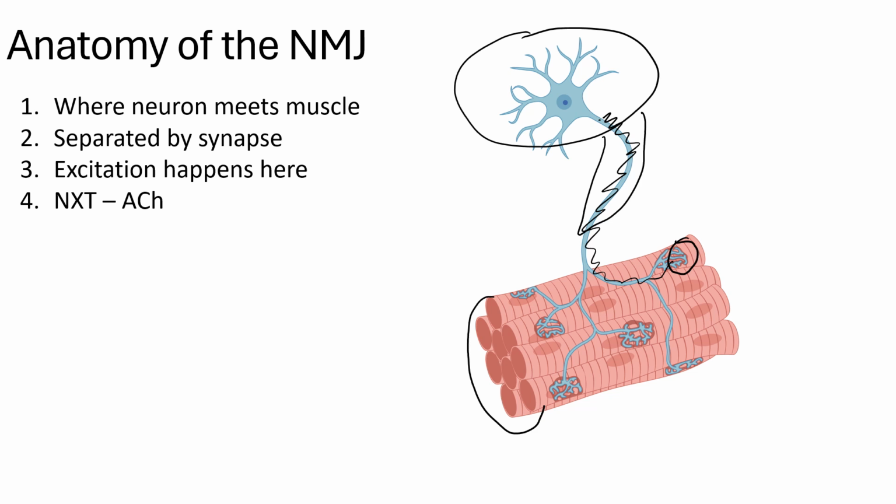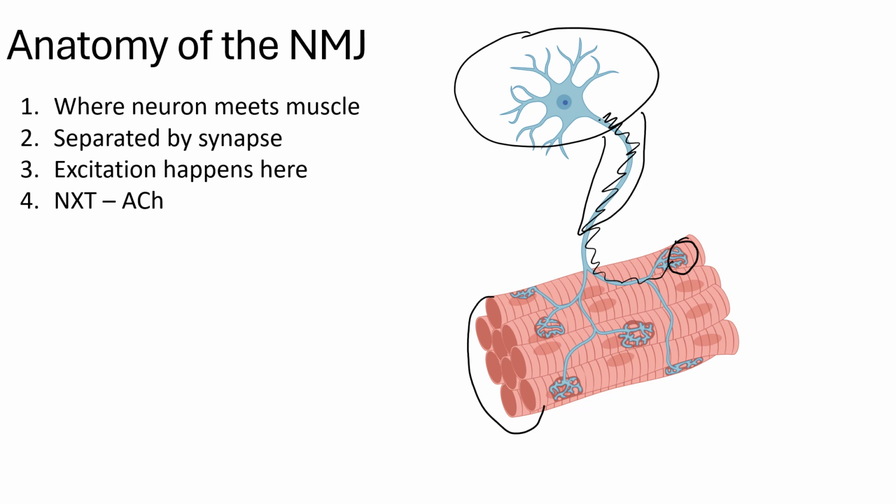Since the neuron does not touch the muscle fiber, and since electricity, like an action potential, can't travel through an open space safely. It can, that's called lightning. But since it can't do that, there are molecules that are going to flow from the neuron to the muscle fiber. And it's these molecules that will carry the message of excitation.